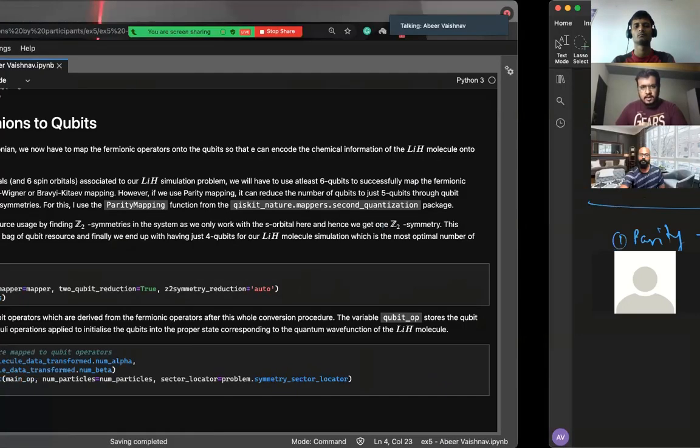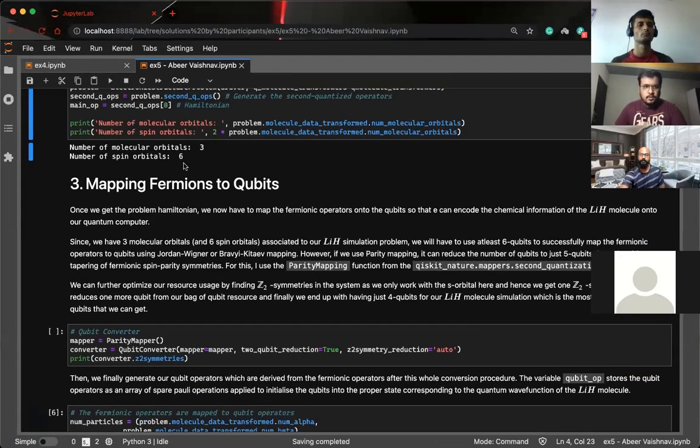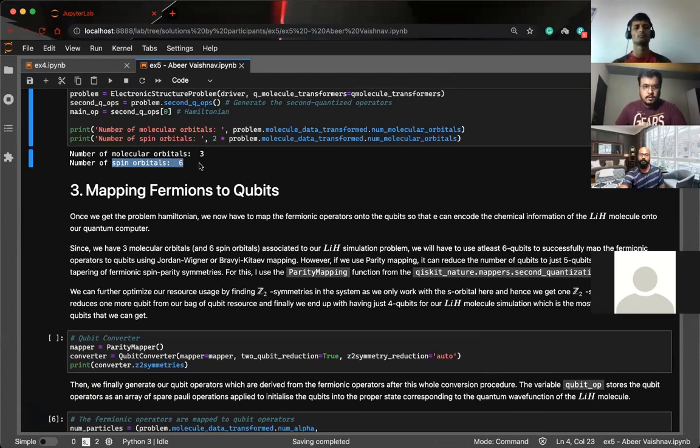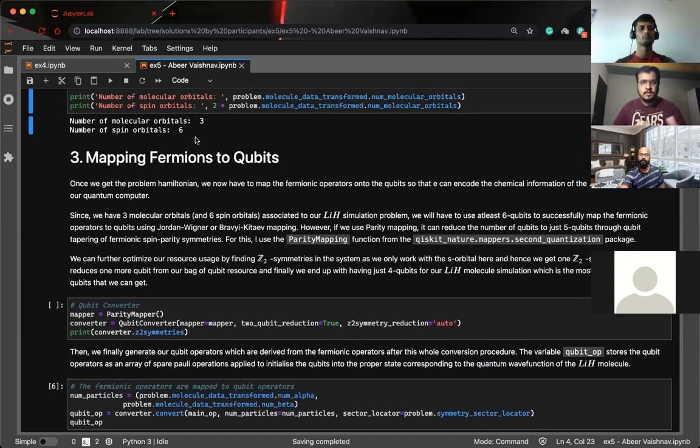Okay, and we'll see how that happens. We saw here that the number of spin orbitals was 6, and we already discussed earlier that since we are mapping the spin orbitals to the qubits, the number of qubits will also be equal to 6, right? So the number of spin orbitals is equal to the number of qubits.